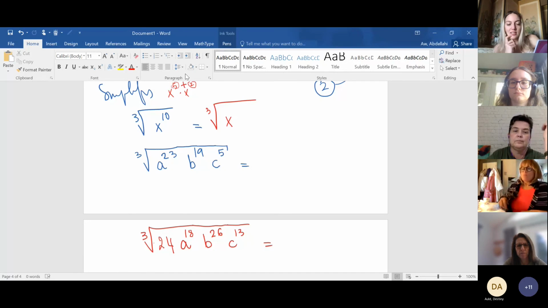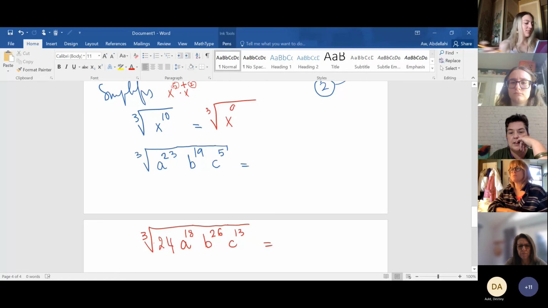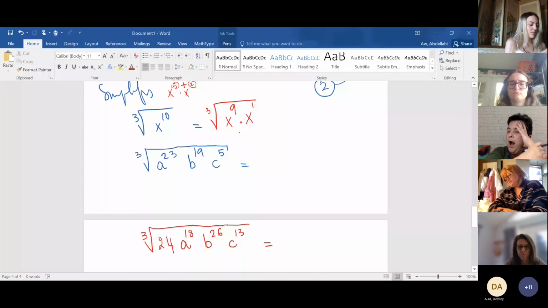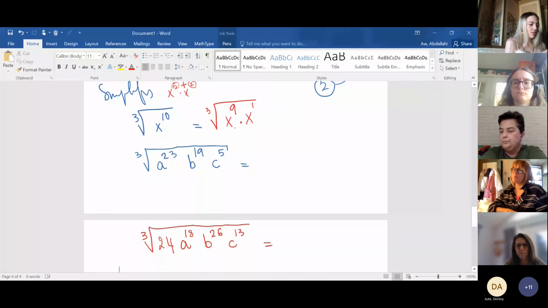So x to the 9th and x to the 1st. Why do we choose 9? Because 9 is a perfect multiple of 3, when you divide 9 by 3, there's no remainder. We didn't choose 8 or 7, because they don't divide by 3. So 9 is the closest multiple of 3 to 10.